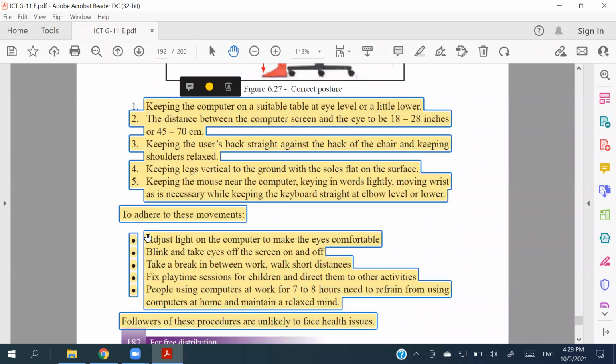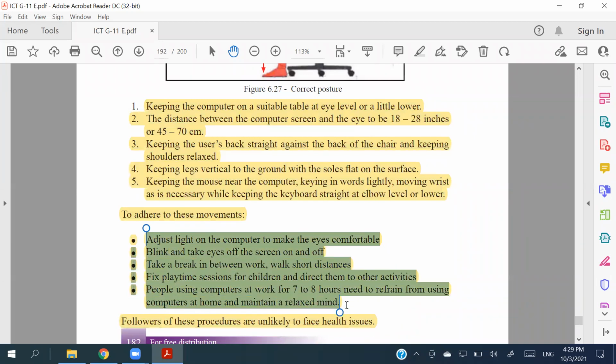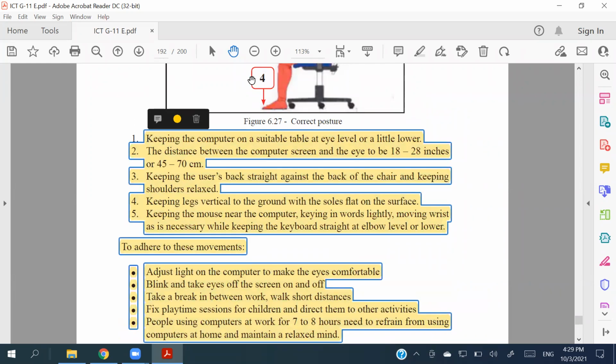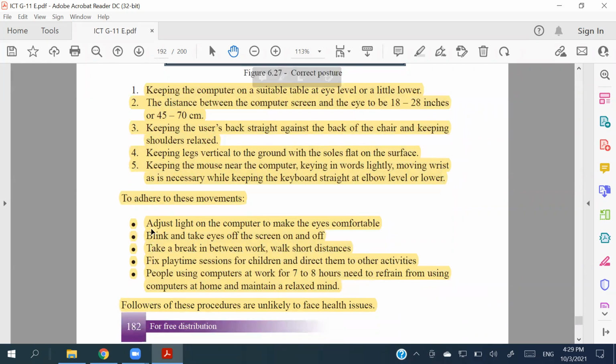Right, and this last part describes what we can do to get rid of these health issues. One thing is the correct posture, as we discussed using the picture. And here it says, adjust the light on the computer to make your eyes comfortable. Either adjust the light of the computer or of the environment, meaning don't sit and look in the dark.